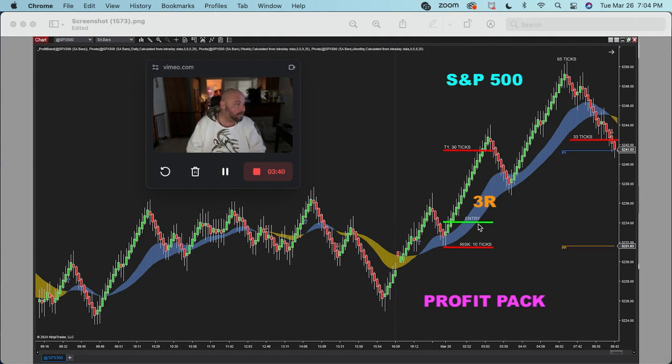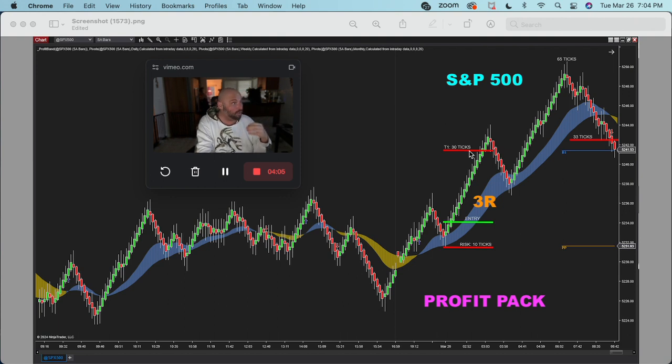Now, the second step is assessing the risk versus your first profit taking reward. Okay? This is going to be different for each and every one of you, unique to your personal trade plan. Your trade plan, because you're a very experienced trader and you only take the highest quality trades, may be a 1-to-1. So we call that a 1R. Okay?